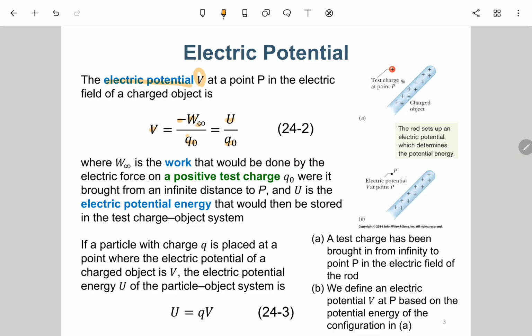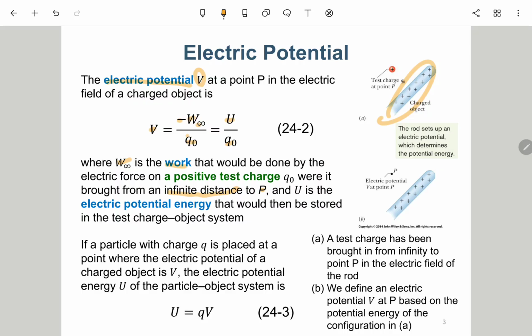So what are W infinity and U? W infinity means the work done by the electric force on a positive test charge as it is brought from an infinite distance to P. What it means is that originally there is an object with some charge distribution on it, maybe uniform, maybe not.